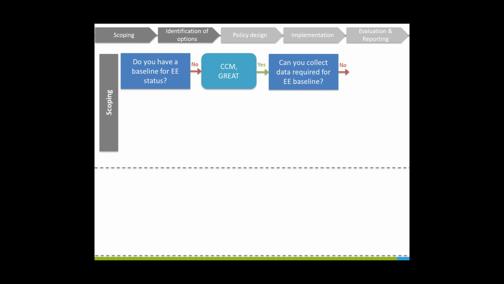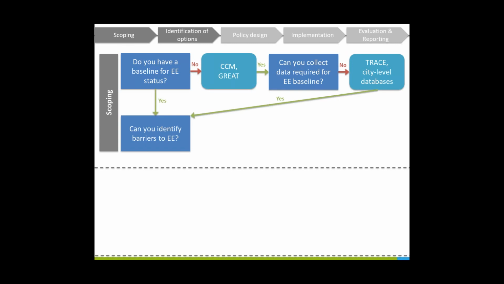And if the data is largely unavailable, other tools which can contain some proxy data can be used to fill these data gaps. For example, the TRACE tool developed by the World Bank, which we're also going to hear about today in more detail, or some other city-level databases can be used in order to feed data into the tools for development of the baseline.